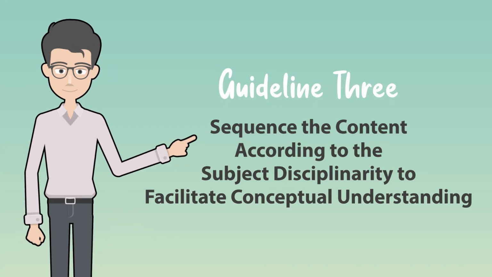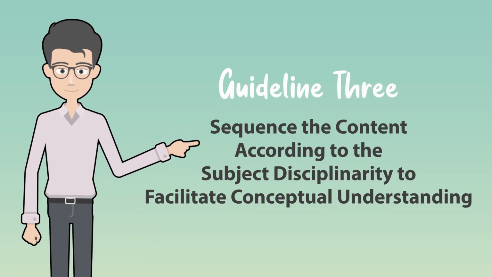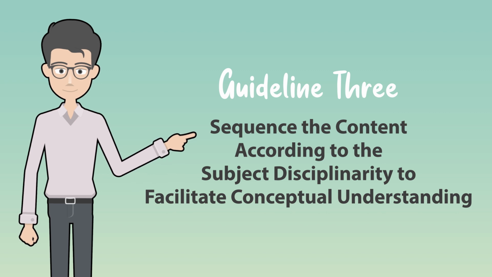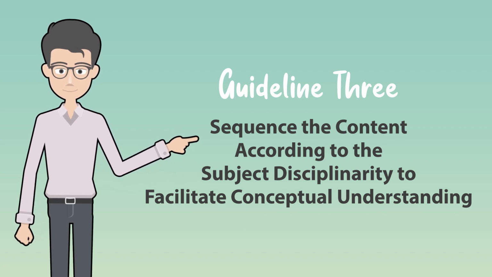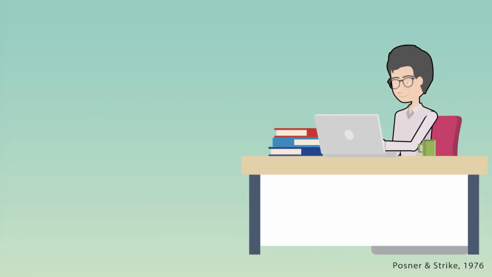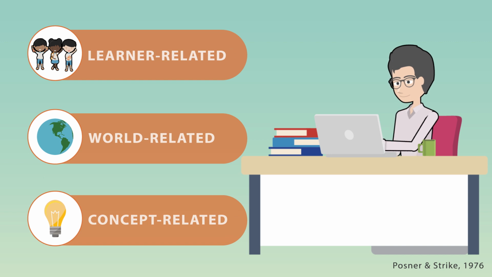Guideline 3. Sequence the content according to the subject disciplinarity to facilitate conceptual understanding. Depending on the subject disciplinarity, content can be sequenced based on any one of or a combination of the following 3 perspectives.